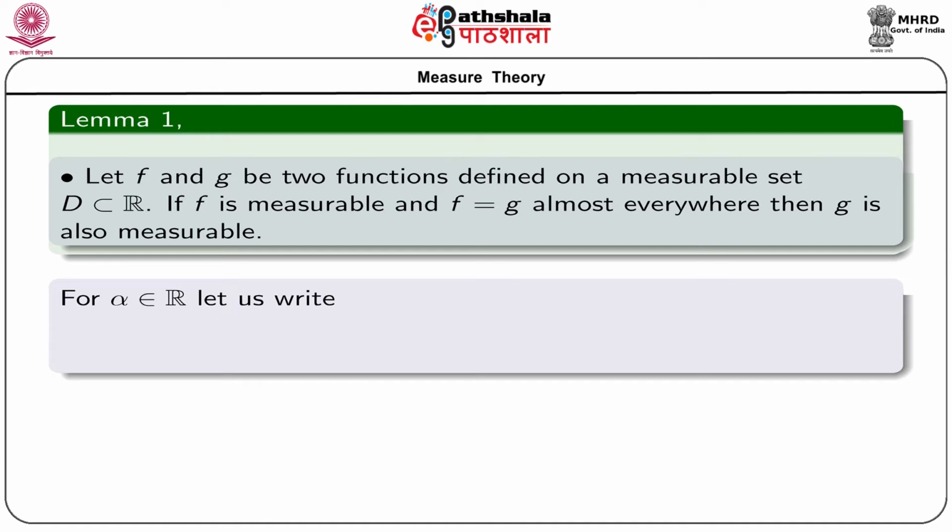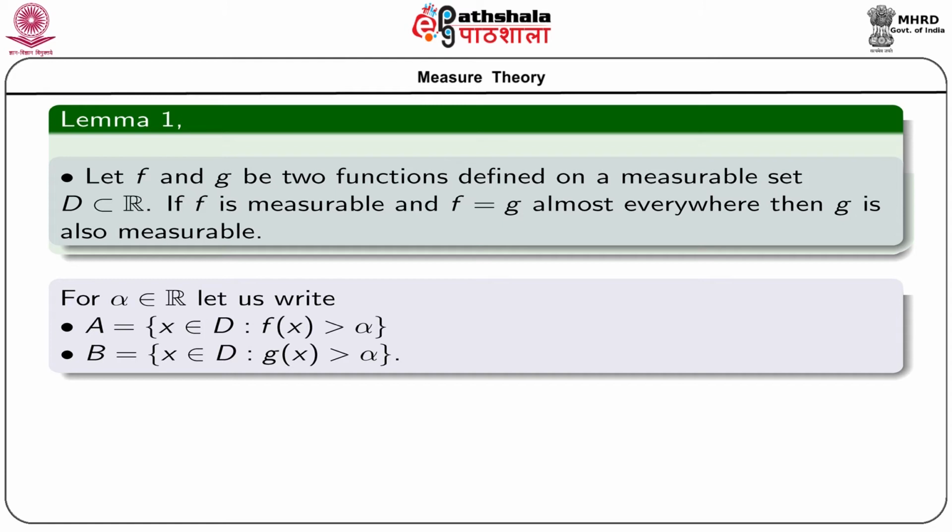For this, we start with a real number alpha belonging to R. Let us write the set A as the collection of all x belonging to D, where f(x) is greater than alpha, and the set B as the collection of all x belonging to D, where g(x) is greater than alpha.